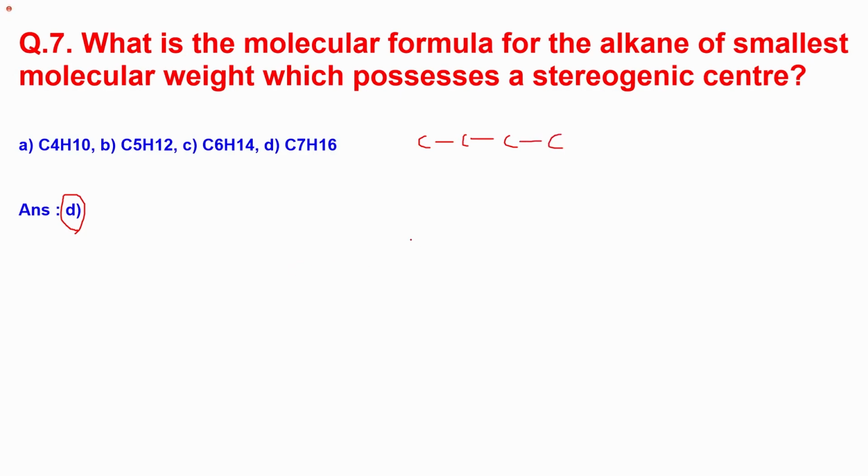Now C5: 1, 2, 3, 4, and then 5. Does it possess a stereogenic center?